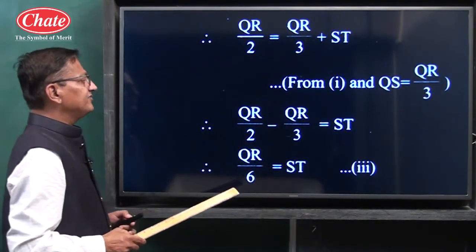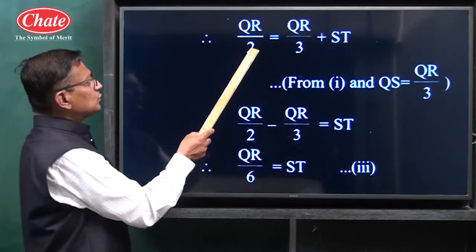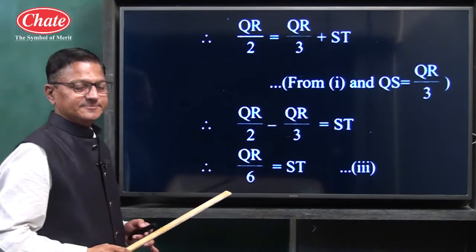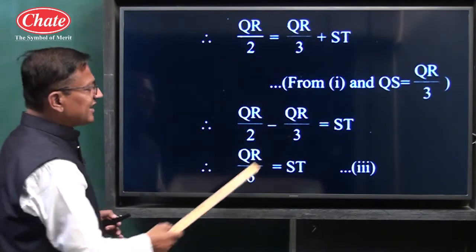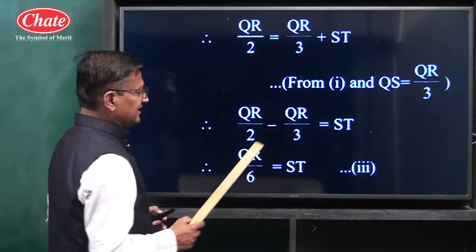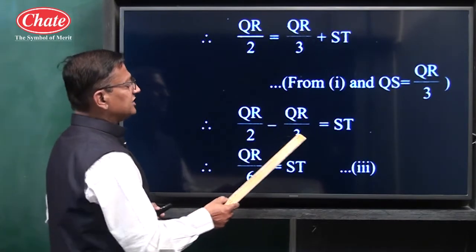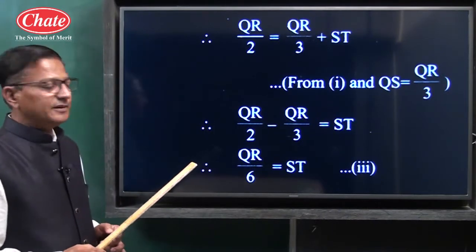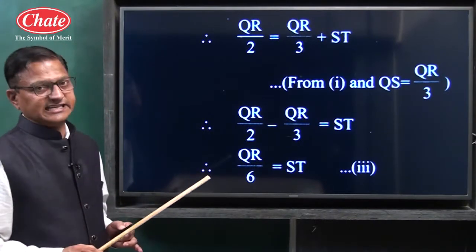It is given. So, QR by 2 minus QR by 3 is equal to ST. So, after subtracting, we get 3QR minus 2QR is nothing but QR, 2 3s are 6, is equal to ST. We got the value of ST here: QR by 6.